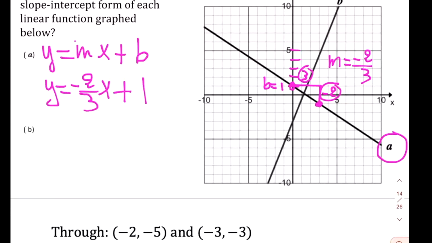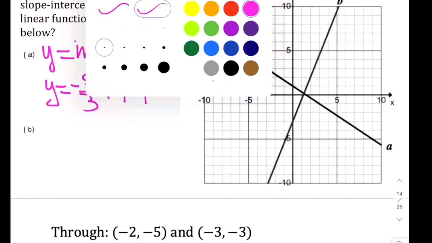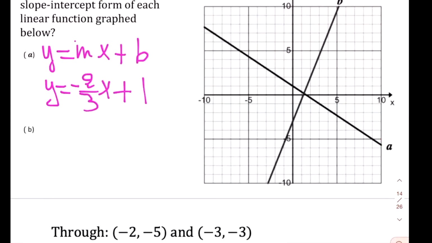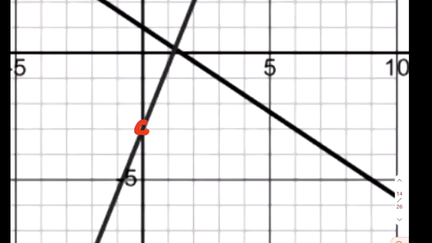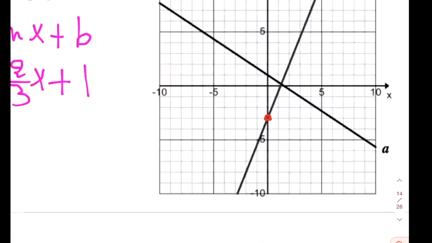If you want me to repeat, I can repeat. However, I'm going to repeat with line B. So if you're not clear about line A, just pay attention to line B. I'm going to explain again with line B. I'll go to the intercept. This is my intercept, the y-intercept, remember?